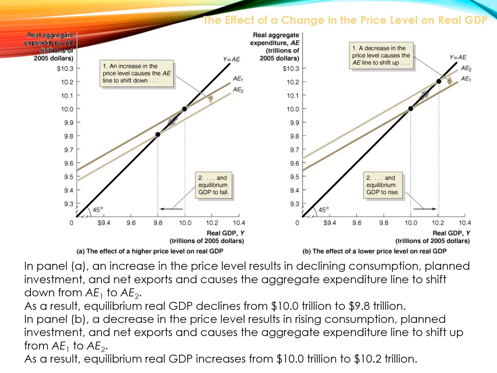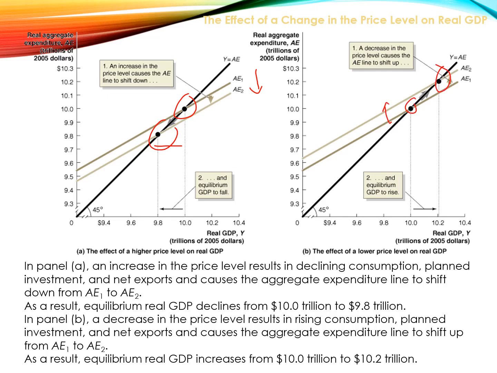So if the price level goes up, like on the left-hand graph, then our aggregate expenditures curve shifts down, and we go from this macroeconomic equilibrium point to this macroeconomic equilibrium point, which is going to indicate different levels of GDP for different price levels, which is what we want. Likewise, if price level goes down, it's going to shift up aggregate expenditures, and we're going to go from this one to this one.